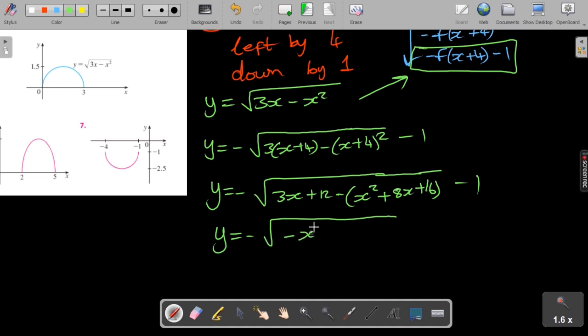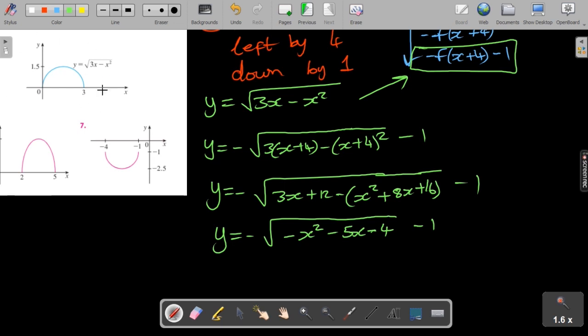You're going to have negative x squared, then minus 8x in there, added to that 3x. So 3x minus 8x will give you minus 5x. Then we have a 12 minus 16. So that will give you minus 4. And finally, we have that minus 1 on the outside. So this is a function which now represents the diagram that you see at 7.